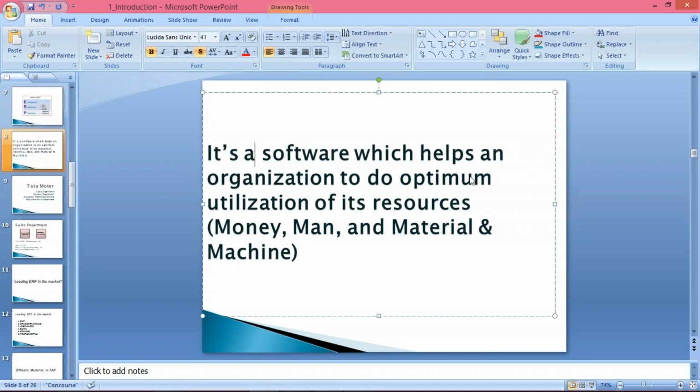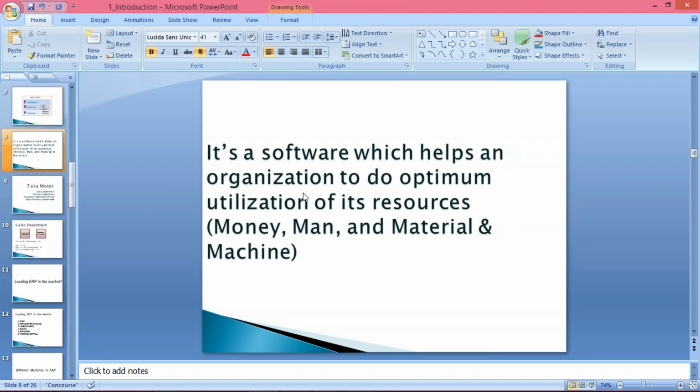It's a software which helps an organization to do optimum utilization of its resources. Optimum utilization means maximum utilization of resources. ERP is nothing but a software which helps an organization to do maximum utilization of its resources. And what are the resources?